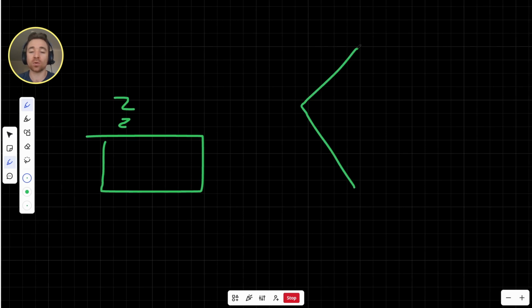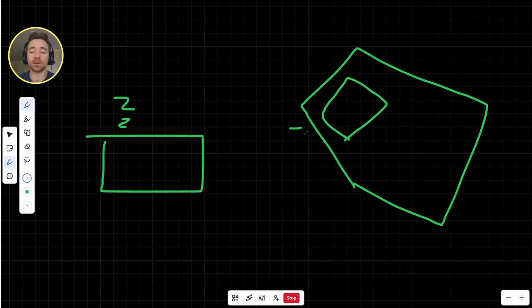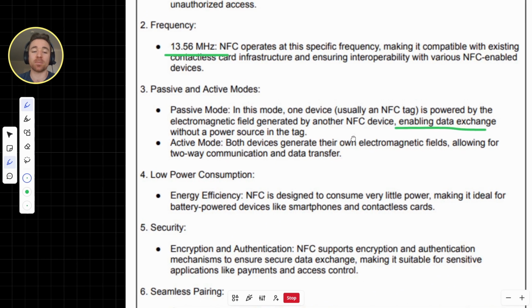When you hold it up against the card reader, that emits a signal which wakes your NFC chip up. It then says, oh, I'm awake, I'll send the data, and once that data is sent, you go away and it goes back to sleep again. That's how it works in passive mode.